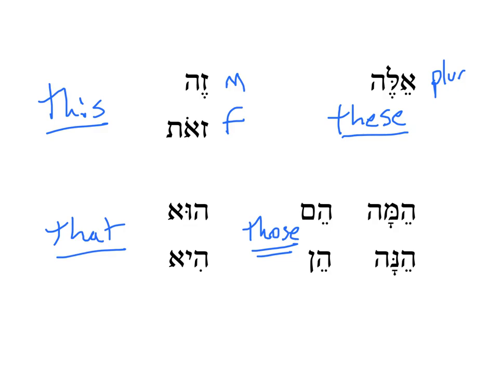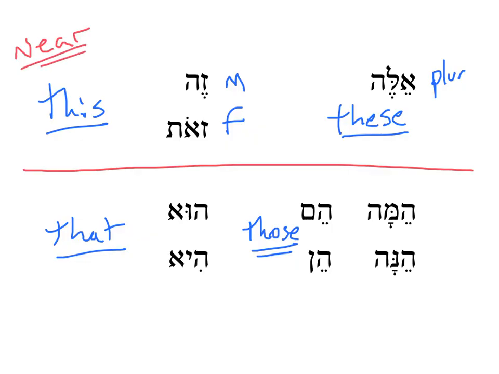Now what you'll notice here is these demonstrative pronouns, ze, zot, and ele, have the near function. That is, it's this one and these, as opposed to the far function of that and those.